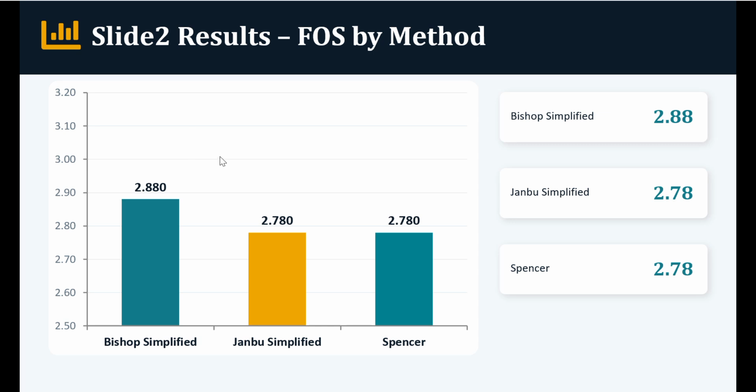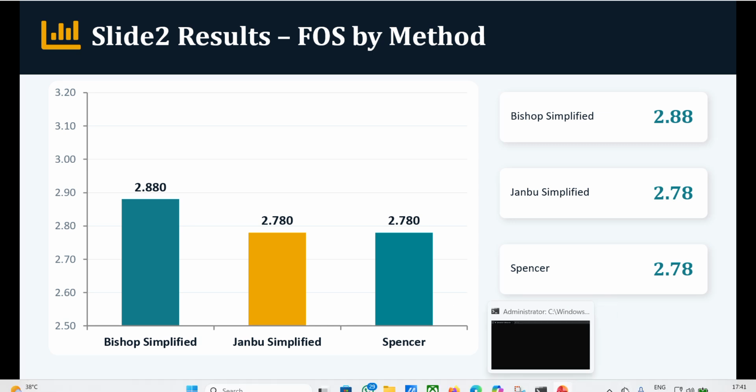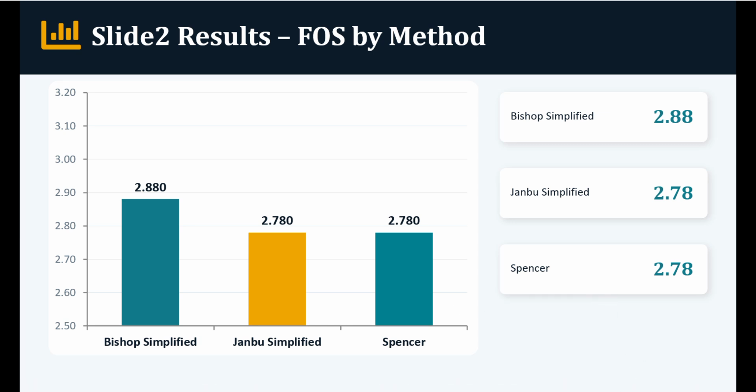In the analytical method, the factor of safety is 2.78. In the numerical method, there are 3 methods: Bishop simplified method 2.88, Janbu simplified method 2.78, and Spencer 2.78. So they are nearly equal in the analytical method and the numerical method.